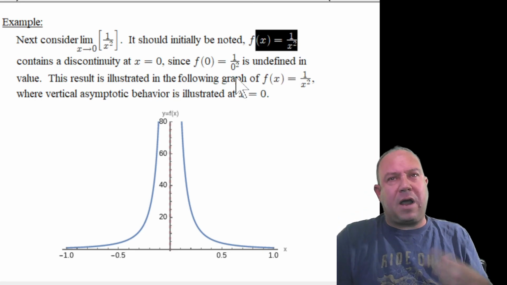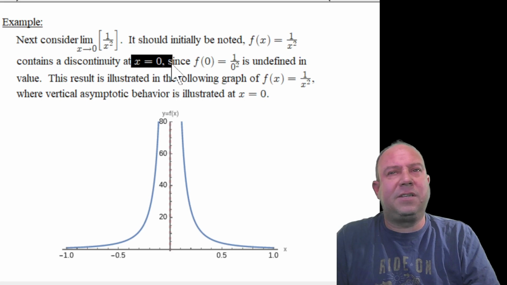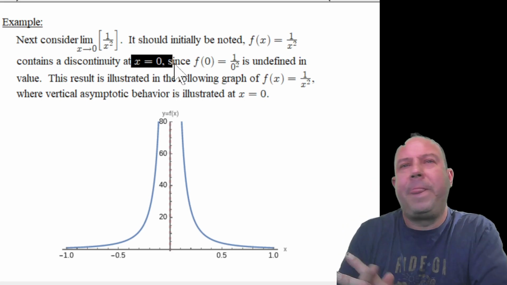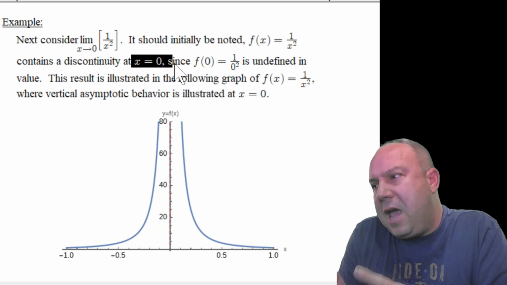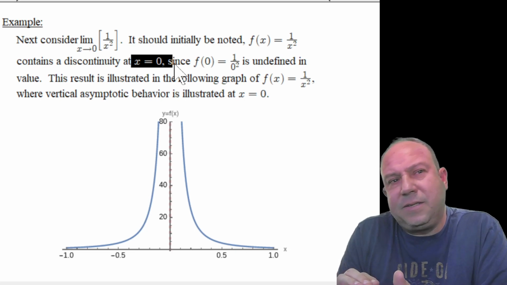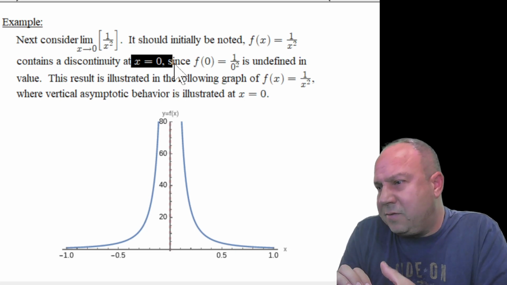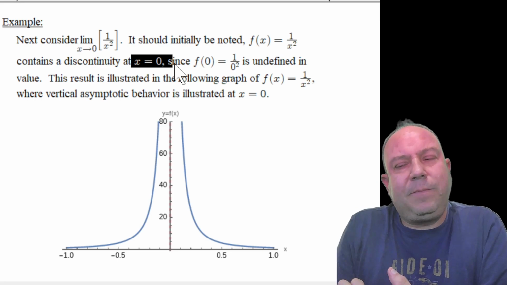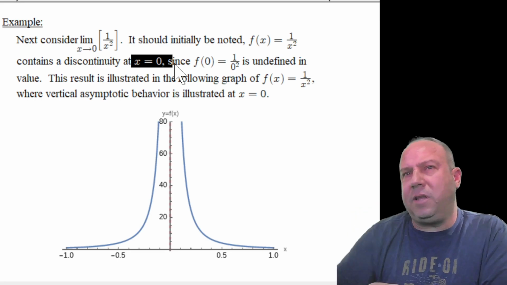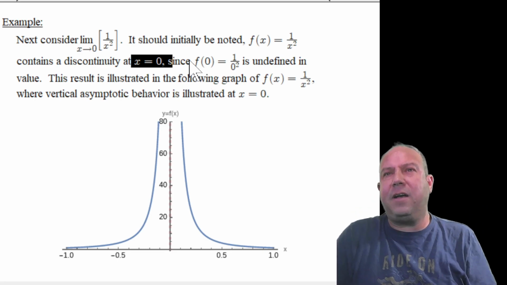What we should note right away is there certainly is a discontinuity at x equal to 0. Our function f does not pass what criterion on our test for continuity? What criterion does it fail?